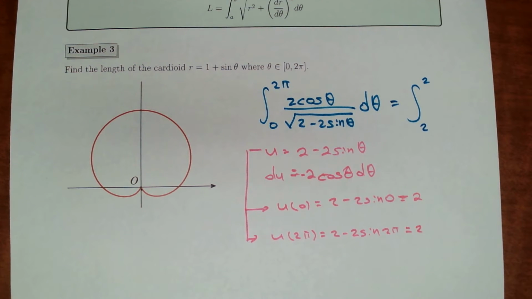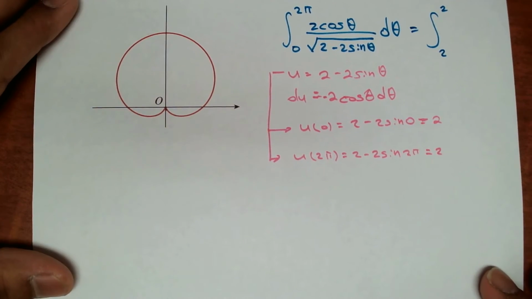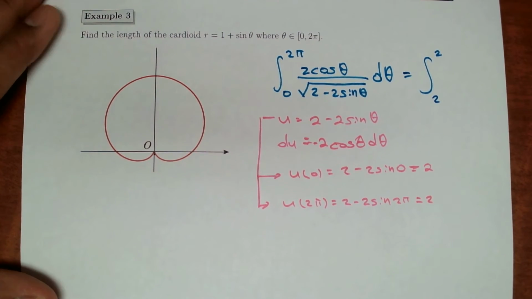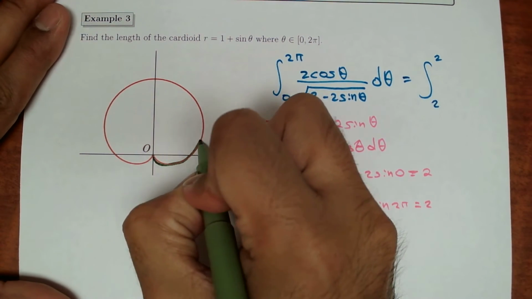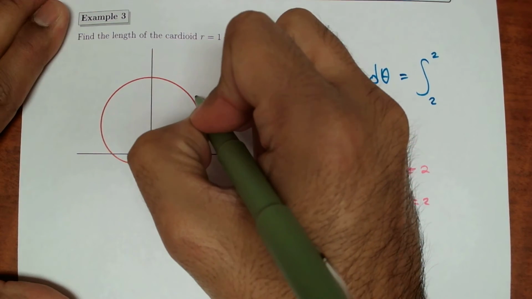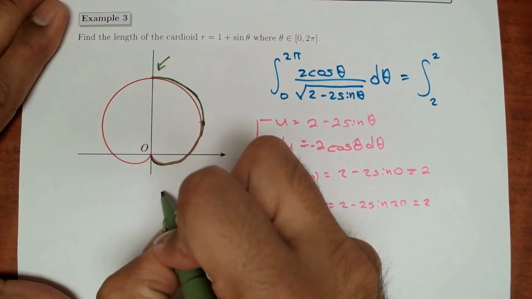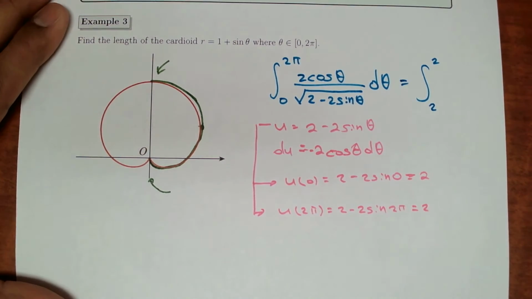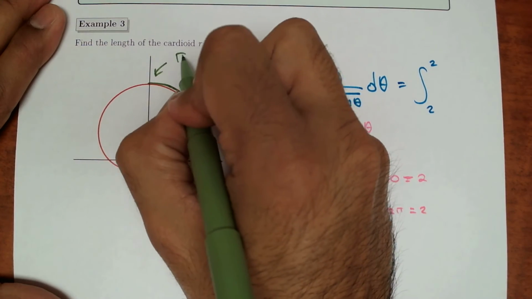So instead, we're going to redefine the limits of integration. This time we are going to go around half only, and we are going to do this from negative pi over 2 to pi over 2.